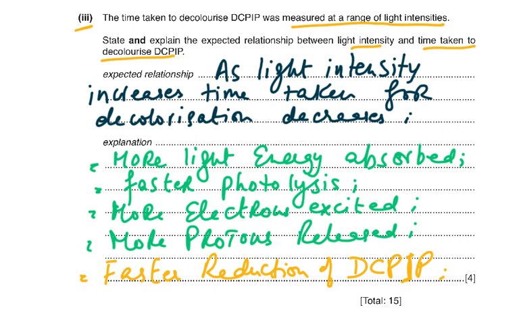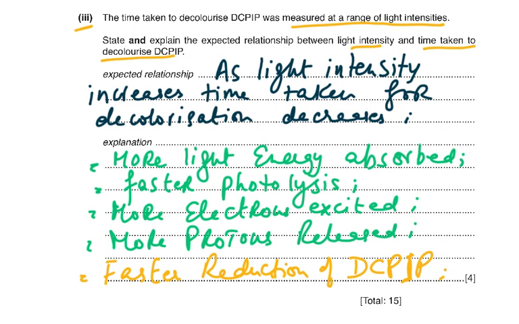Or you could have said as light intensity increases, rate of decolorization increases. Or as light intensity increases, decolorization is faster. More the light, the quicker the DCPIP will decolorize.